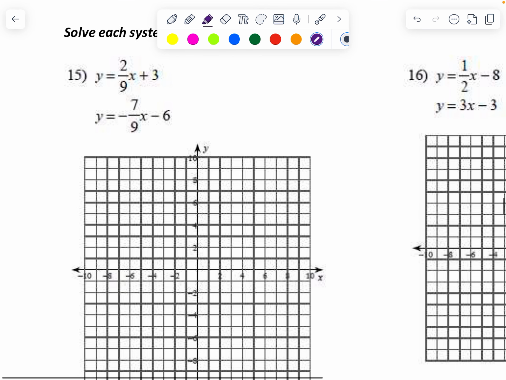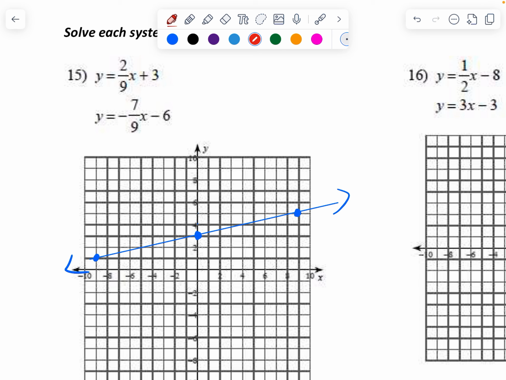Solve this system by graphing. I go to 3, and I plot a point. I go up 2 and over 9, or down 2 and over 9. Then I do the other one.